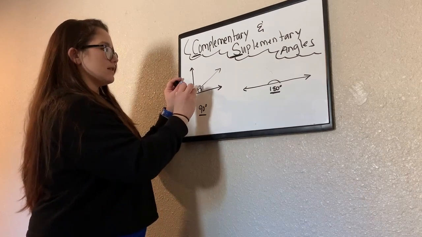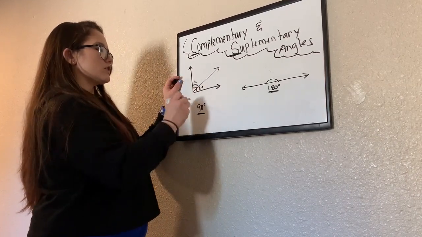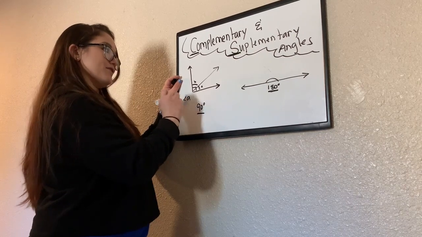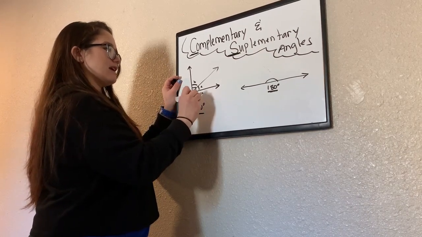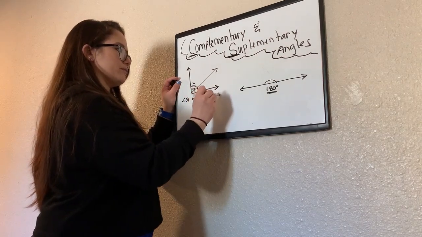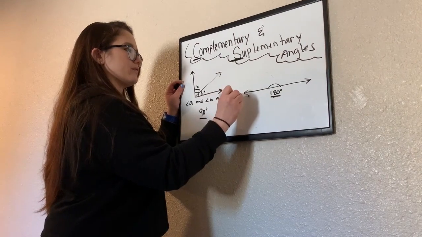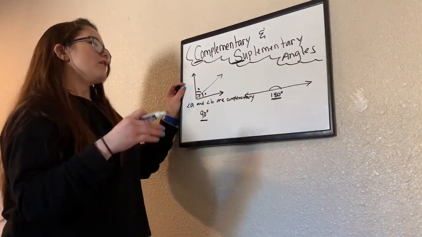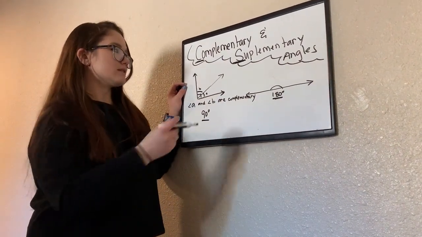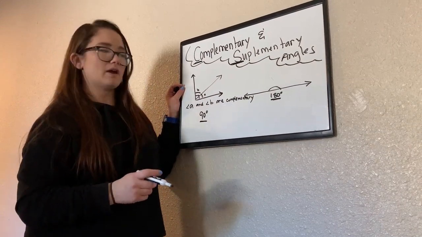Let's call this angle A and angle B. So angle A and angle B are complementary. They're complementary because the sum of their angles equals 90 degrees.